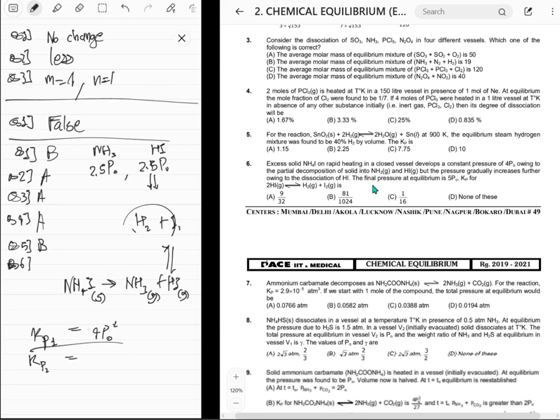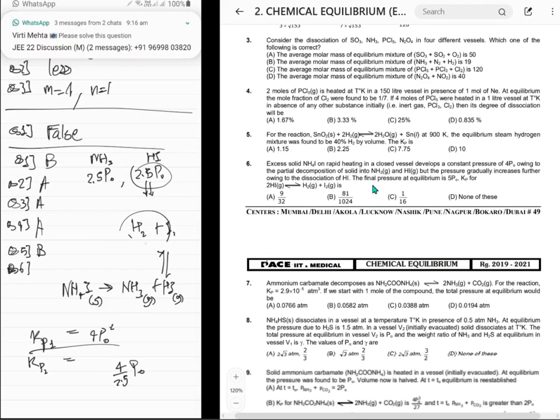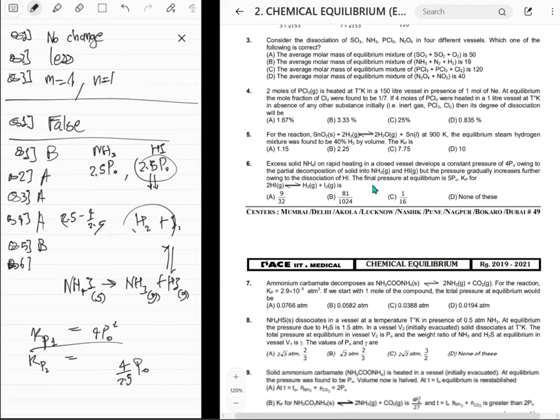So this will be this quantity upon 2.5 P naught, that is 4 upon 2.5 P naught. That means we can figure out how much HI went away. It's going to be 2.5 minus 4 upon 2.5 P naught. That's the pressure of HI that went away.